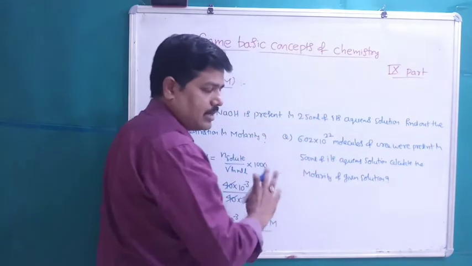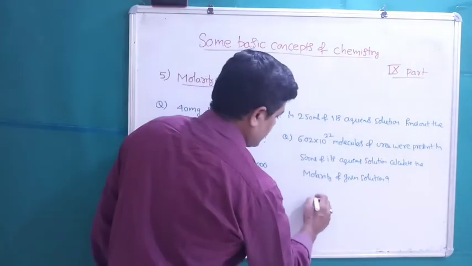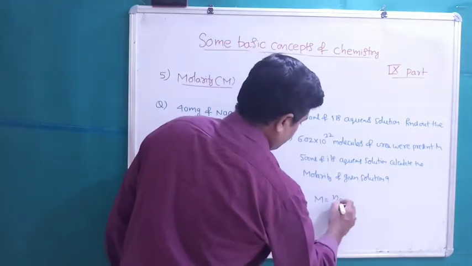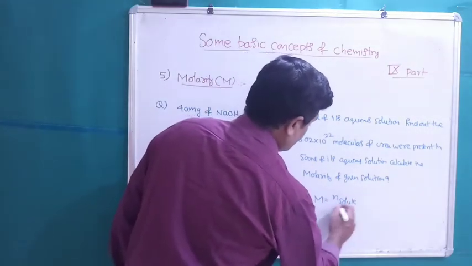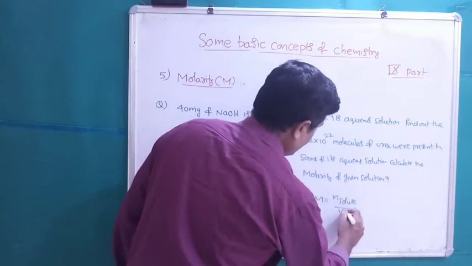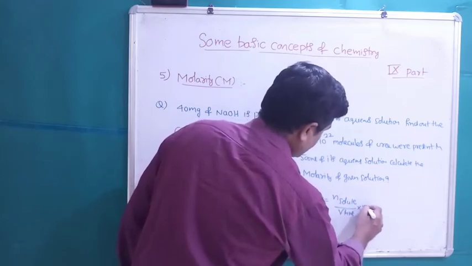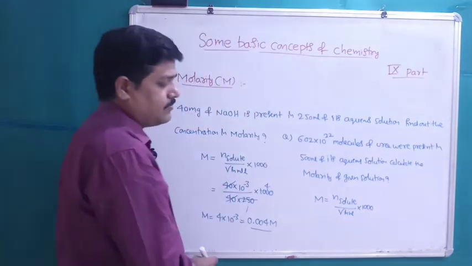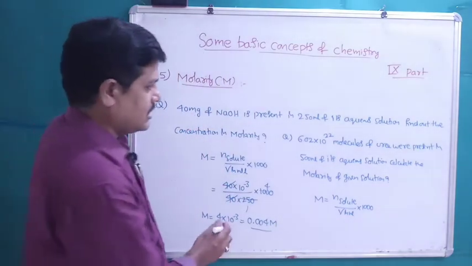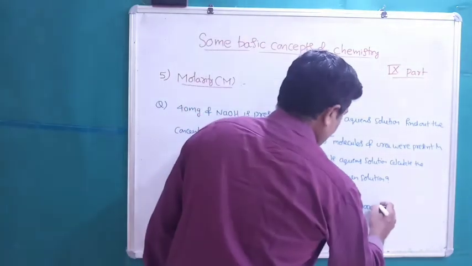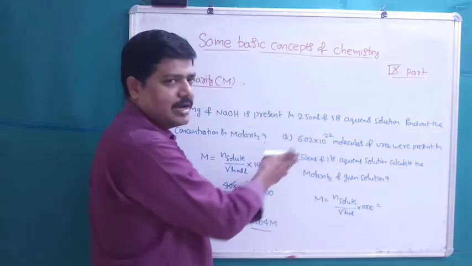Students, the same formula we can use here. Molarity is equal to the number of moles of the solute divided by the volume in ml, multiplied by 1000. Here the number of molecules is given.